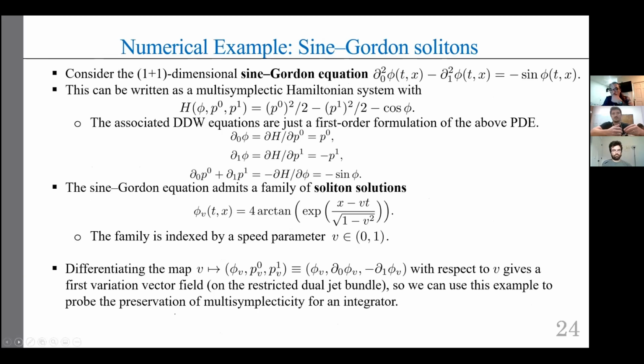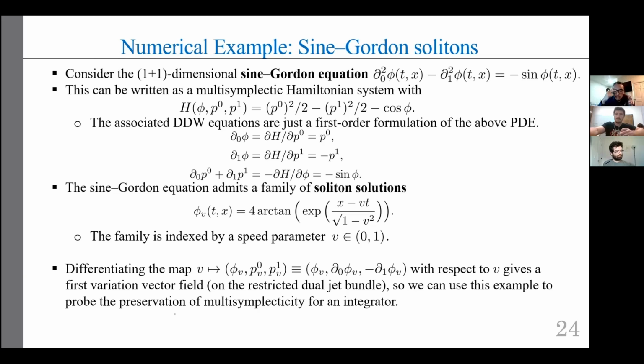And then the last thing we do is we look at a family of Sine-Gordon soliton solutions. This is actually a really nice way to probe multisymplecticity, because the soliton solutions just propagate in time without changing form.